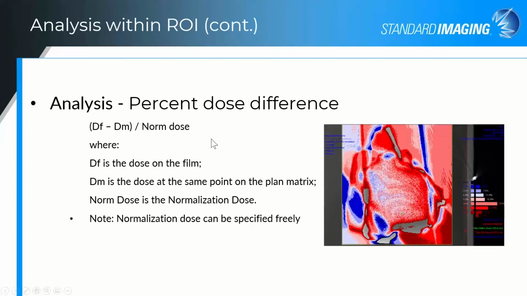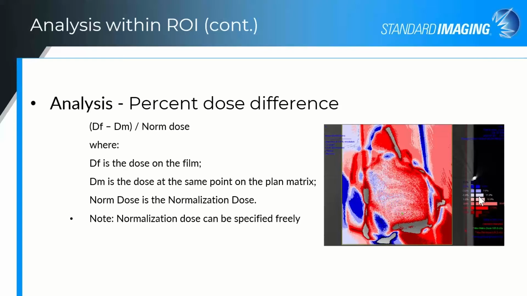For the analysis of the percent dose difference, the equation's pretty straightforward. E sub S is the dose on the film. E sub M is a dose at the same point in the plan matrix. And norm dose is the normalization dose. So in this view, for example, you can see the pink is the positive dose difference areas, the pinks through the reds.